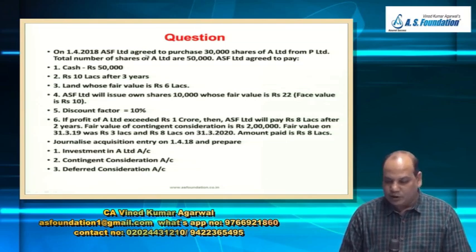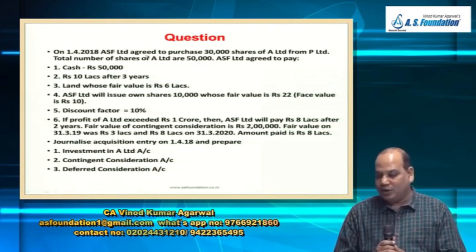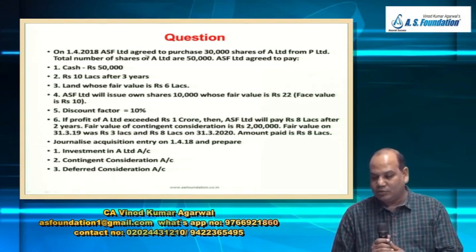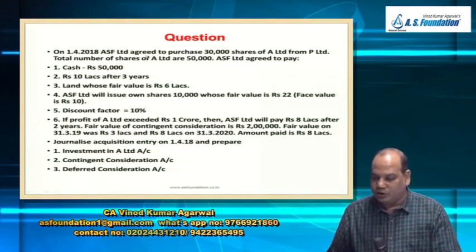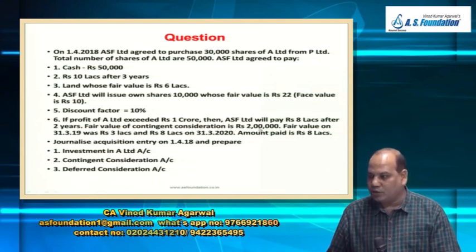If profit of A Limited exceeded rupees 1 crore, then ASF Limited will pay rupees 8 lakh after 2 years. This time after 2 years. Fair value of the contingent consideration is 2 lakh. This 2 lakh I will take in the beginning for calculating cost of investment. Then fair value on 31st March 19 was 3 lakh.